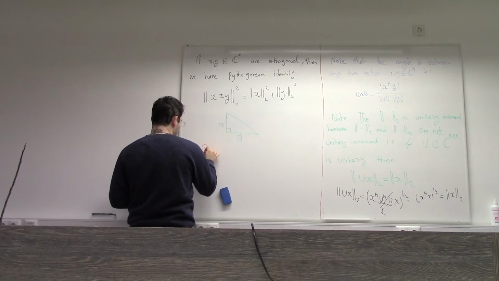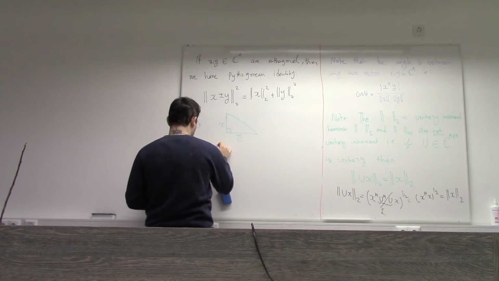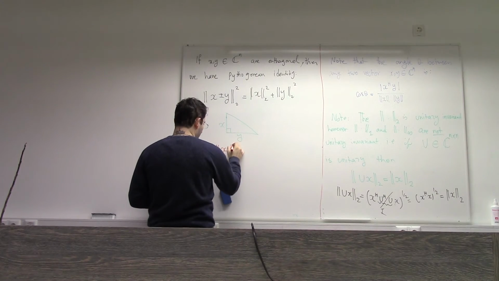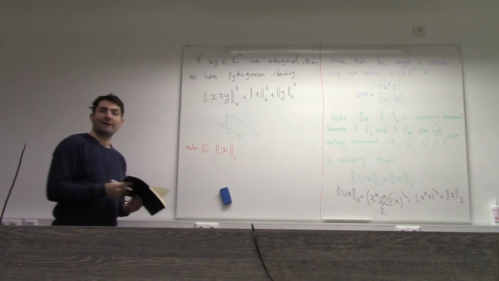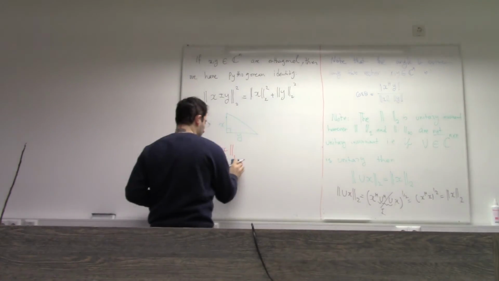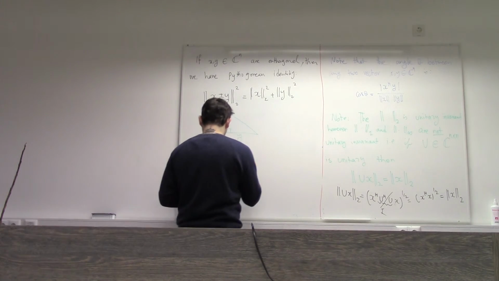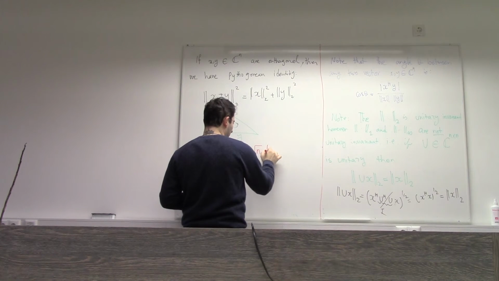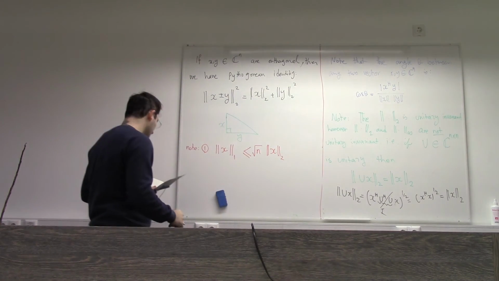Three more notes. Norm 1 of x is less than or equal to square root of n times norm 2 of x.